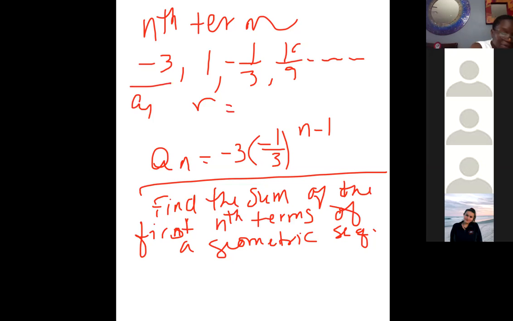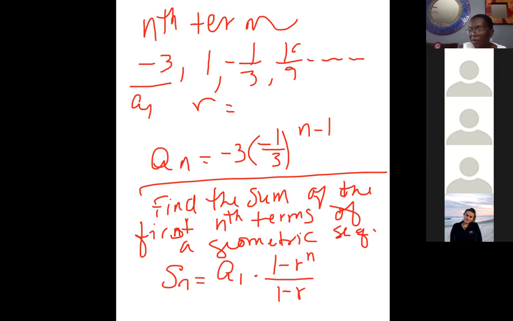Now, the formula we use for this one, guys, be very careful, is S sub n is equal to A1 times 1 minus r to the n over 1 minus r.